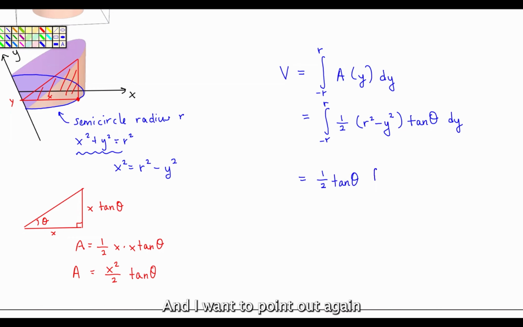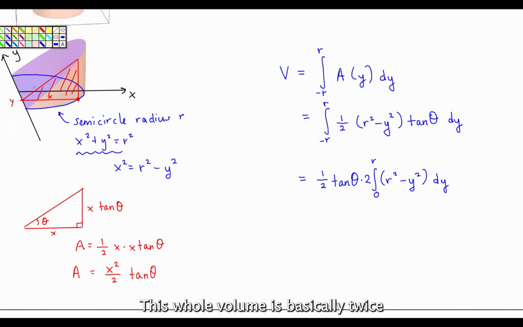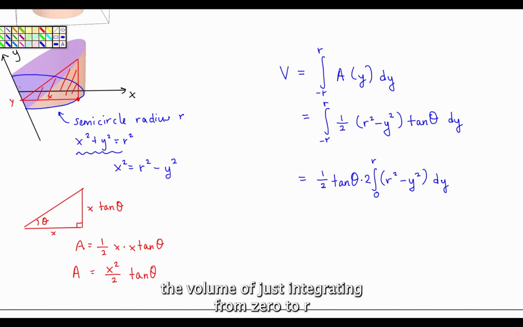And I want to point out again, this is an even function in y, and so I can multiply it by 2 and just integrate from 0 to r of r squared minus y squared. And you can see that in the picture as well. This whole volume is basically twice the volume of just integrating from 0 to r.